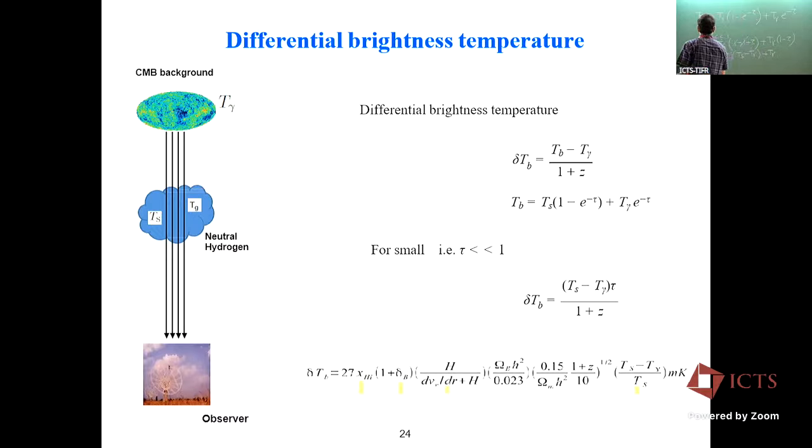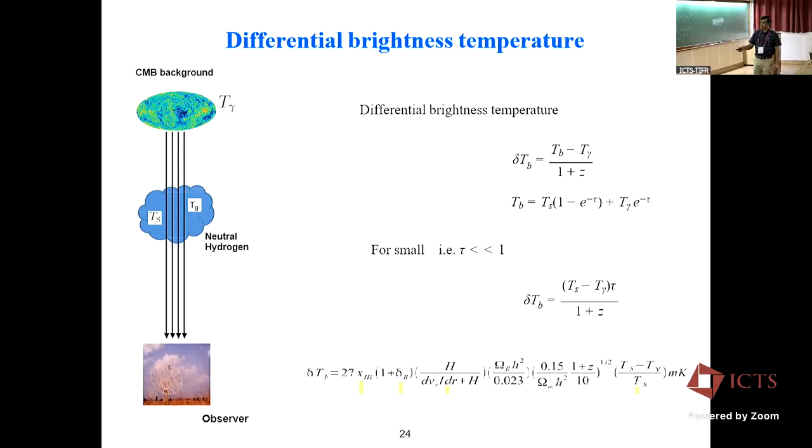So basically TB minus T gamma, which is the differential brightness temperature, is essentially tau times T spin minus T gamma, right? So this is written here, and now if I put in the value of tau, it will become this.